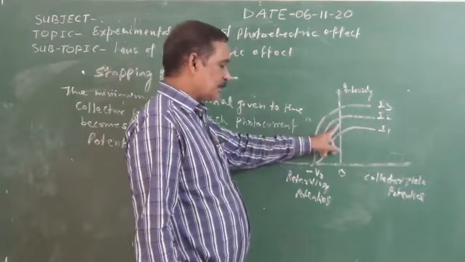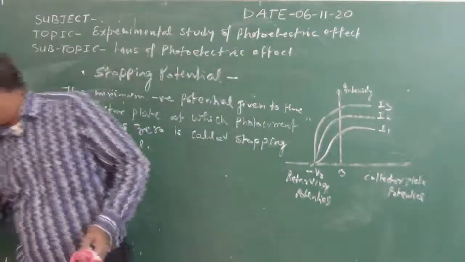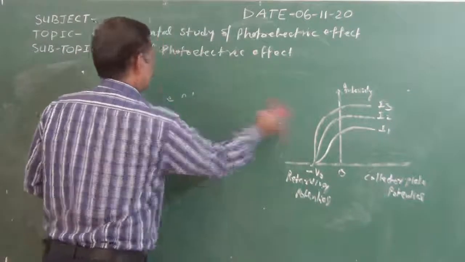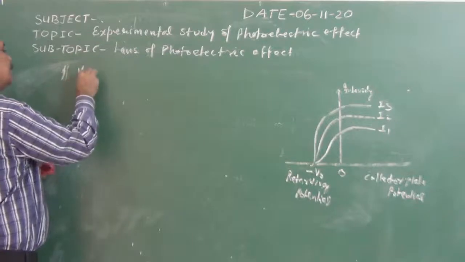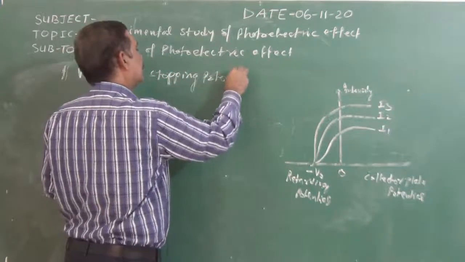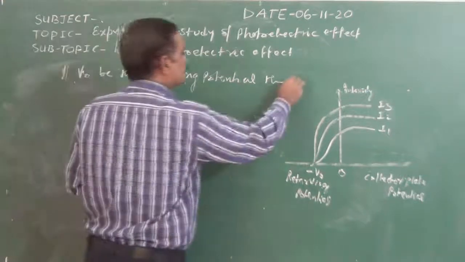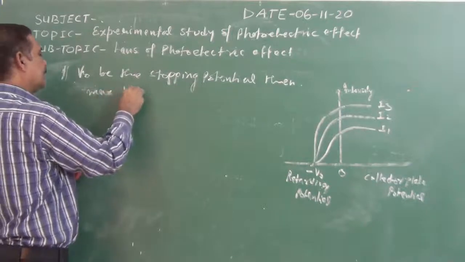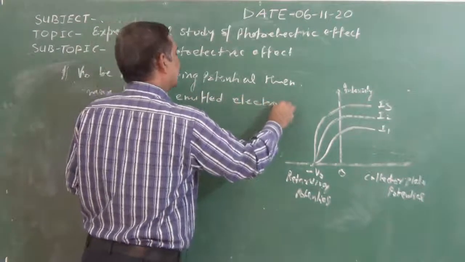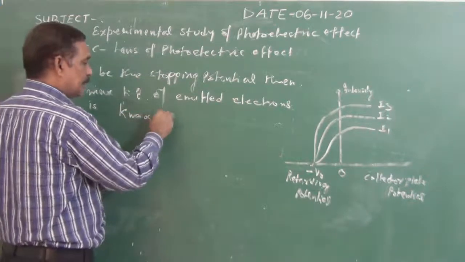If V naught is the stopping potential, then the maximum kinetic energy of emitted electrons is K maximum equal to eV naught.